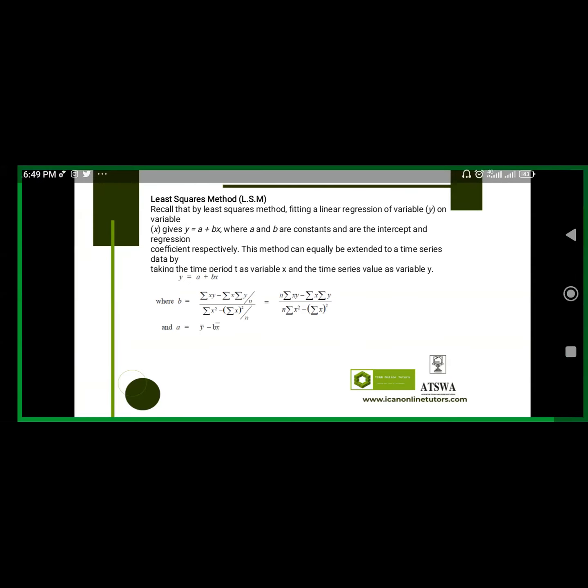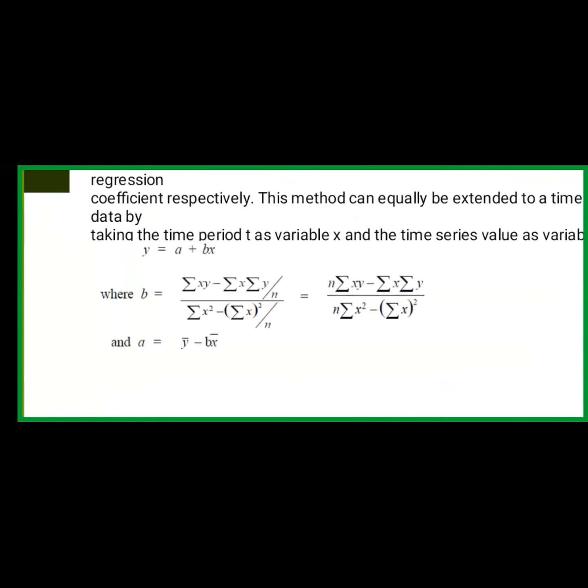So they went to the formula for b. I will advise you, in this formula where b is equal to this, forget the first part and focus on the second part. It's the same formula, they're just re-explaining why it is like that.